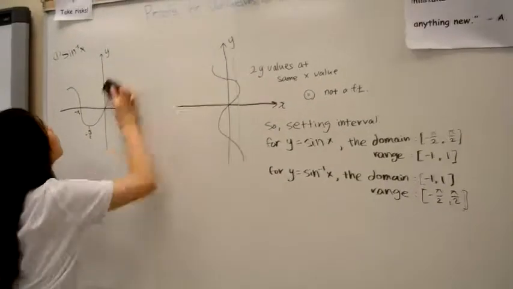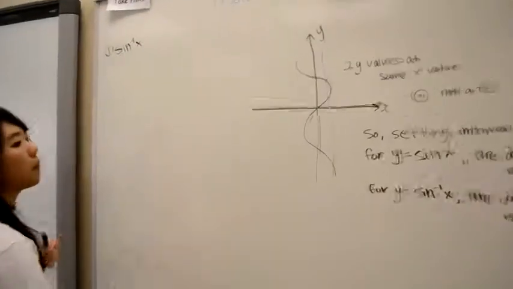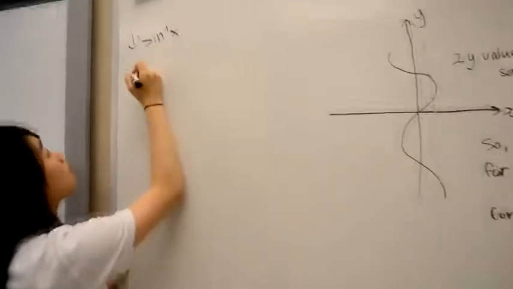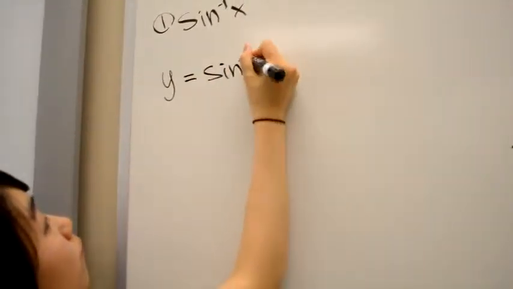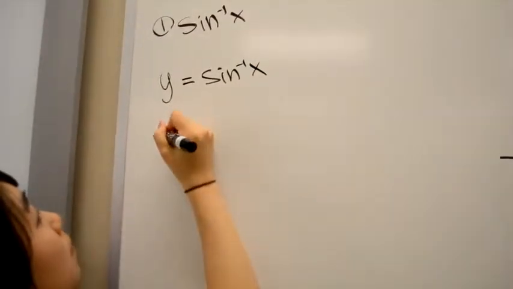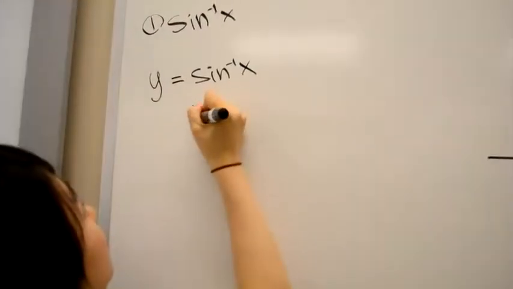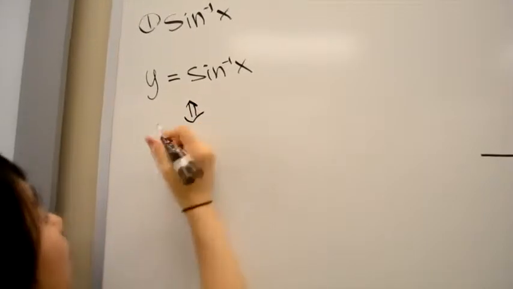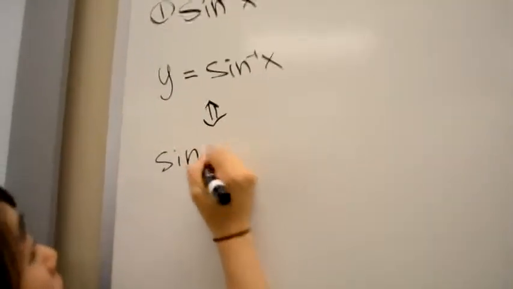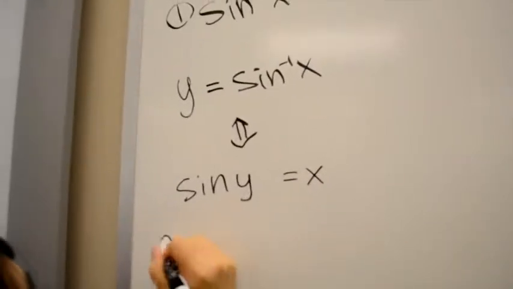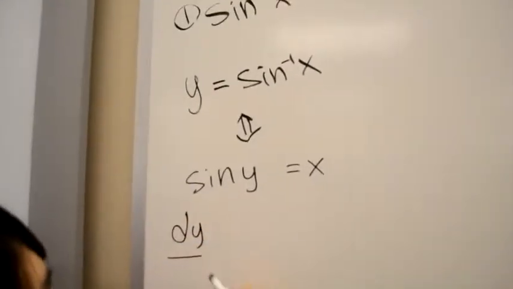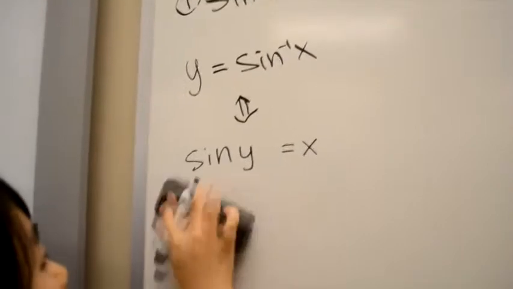Just erasing some excess graphs here. Alright, now that we've defined the domain, we have to actually start proving the derivative. So we're saying here that the inverse of sine x equals y is the same thing as sine y equals x.